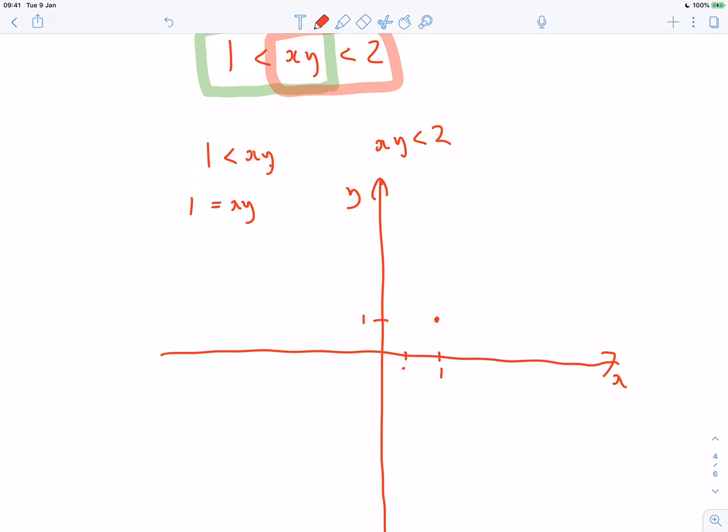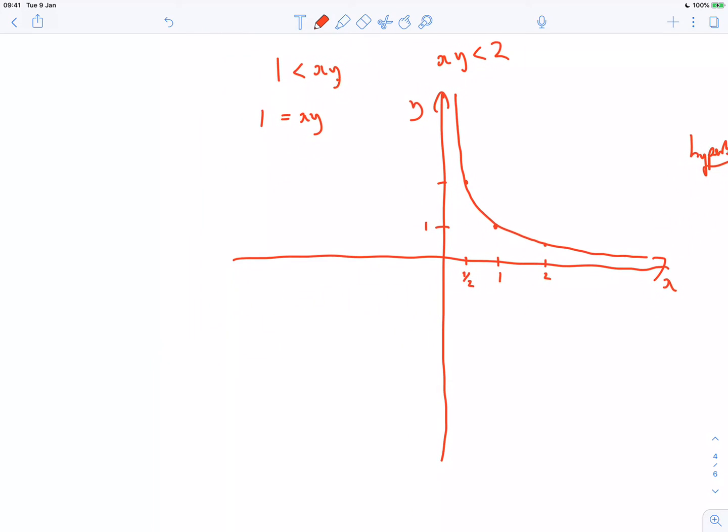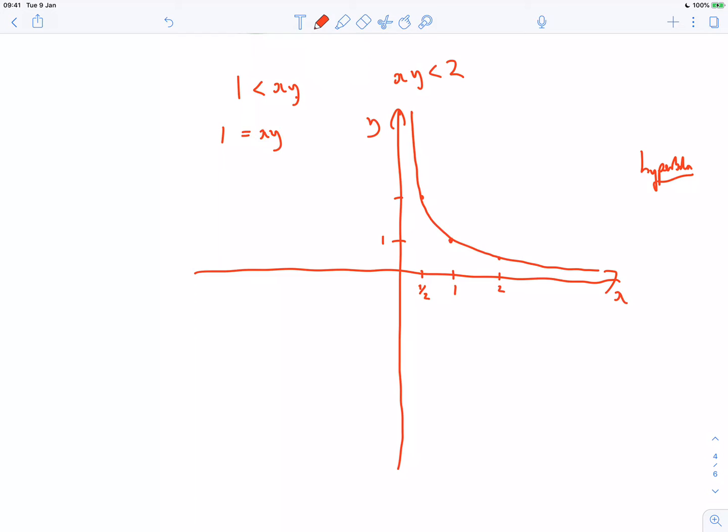Well, when x is a half, y is 2 now. When x is 2, y is a half. And you can see it's going to have this sloping pattern here. And this is called a hyperbola. And by the way, if x times y equals 1, we could have had minus 1 and minus 1, which is down here.